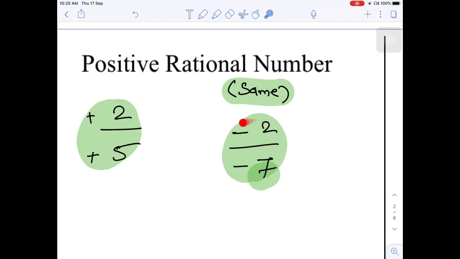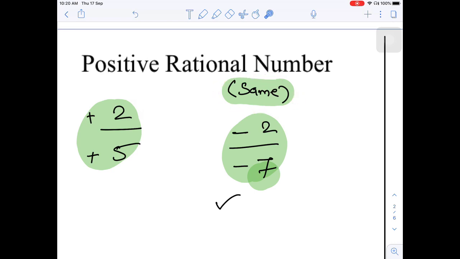Both have the same sign, that is the minus sign. Since they both have the same sign, this one is also what? A positive rational number. So what is the condition for a number to be a positive rational number? That the numerator and denominator should have the same sign.